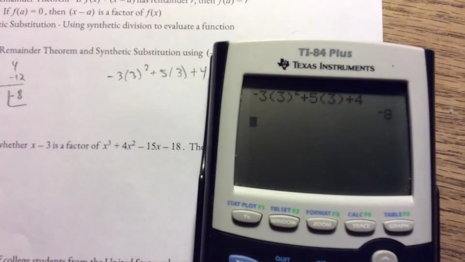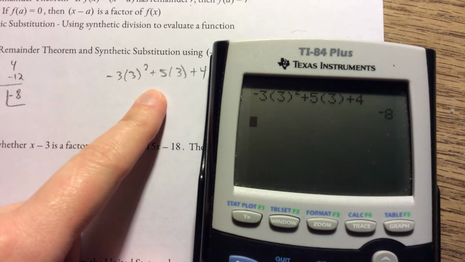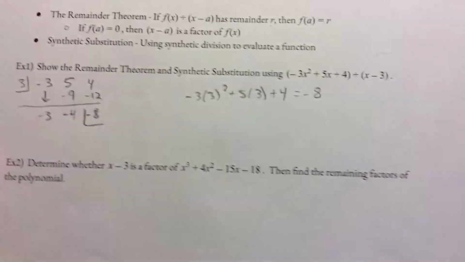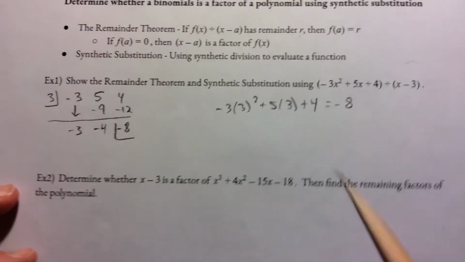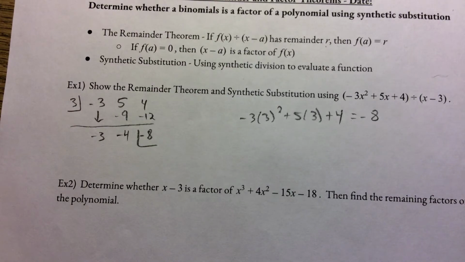And I get -8 on there. So doing synthetic division gives you a remainder, and if you substitute it in, it should give you the exact same value as what you got for the remainder. Sometimes substituting it in is quicker just to see if you would get any remainder or not.